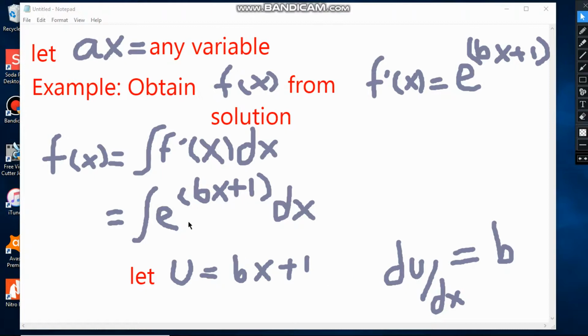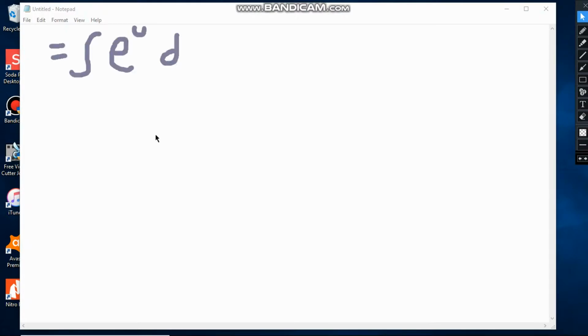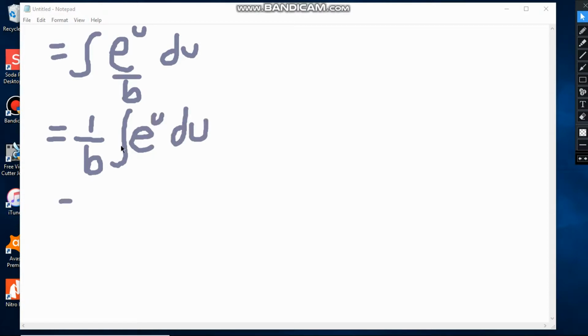So we have integral of e raised to u, dx will be du over b. b is a constant, so we get it out of the integral sign. We remain with integral of e raised to u du, and we know integral of e raised to u du is equal to e raised to u.